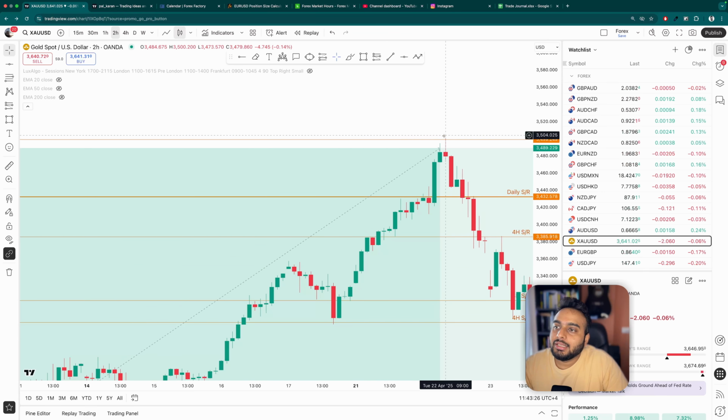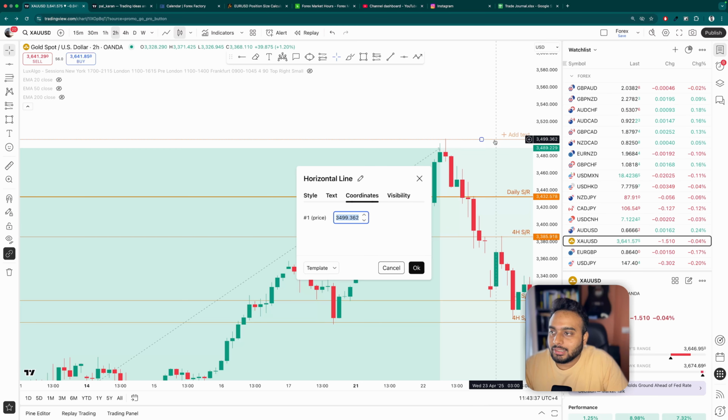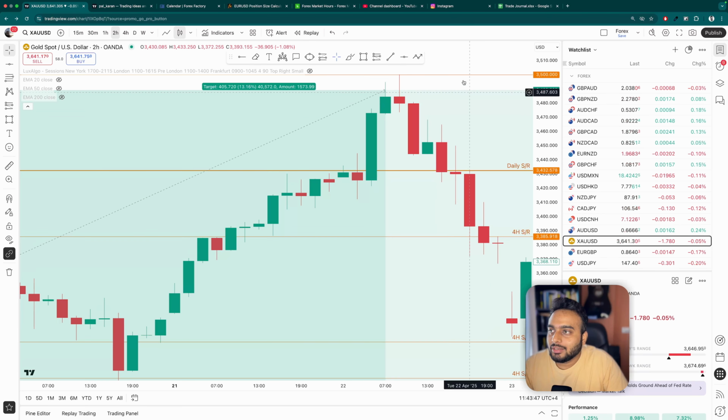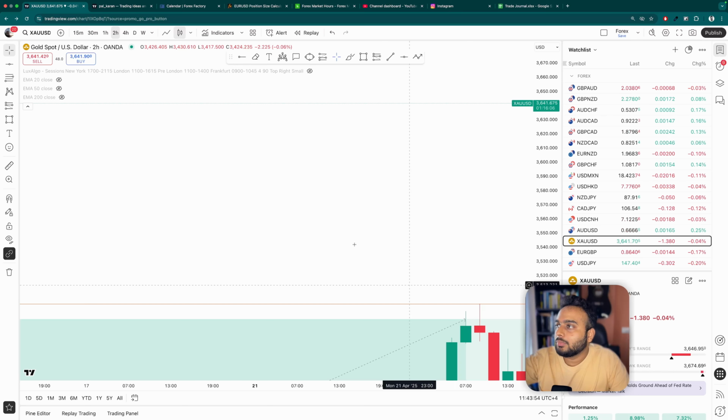So at the right resistance levels, which is 3499, not 3499, it's actually 3500. It's a psychological level as well. Let's just enter the value, right? This is the psychological level. This price, if you see on the top right here, check this area when I move the cursor there.